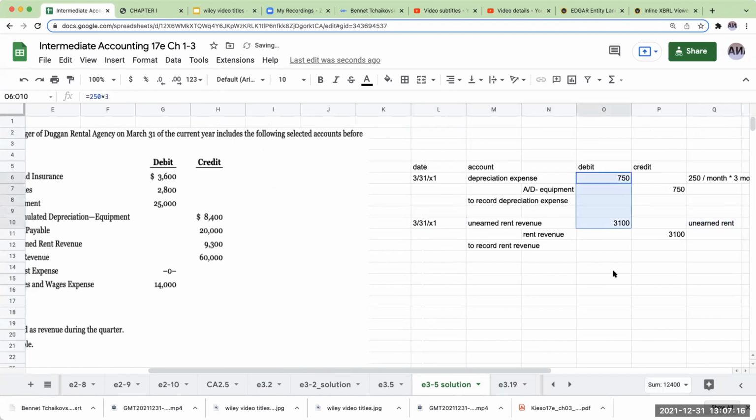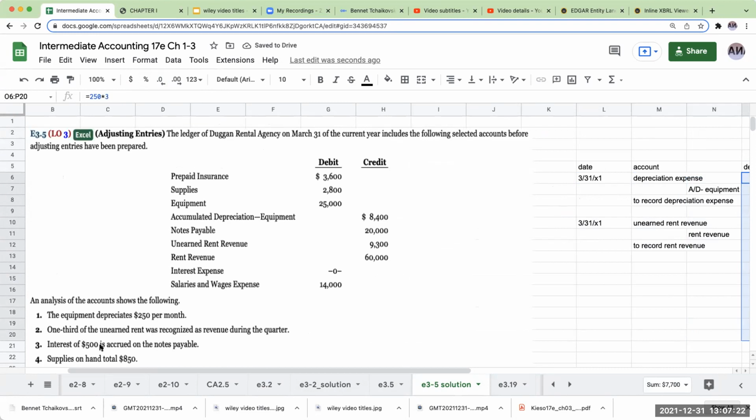Move this down over here. All right, let's take a look at our next one. Interest of 500 is accrued on the notes payable. Again, if this were me asking the question, I would be telling you what the interest rate is. So this is just going to be interest expense, crediting interest payable.